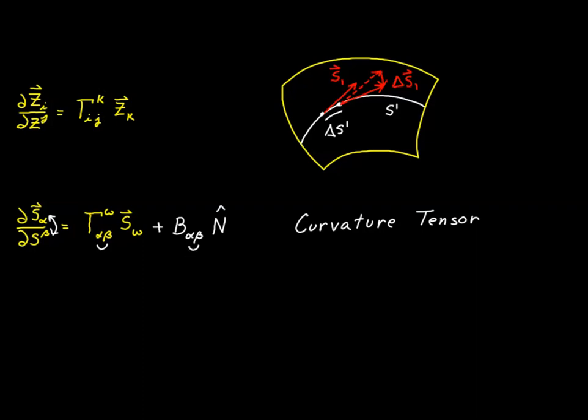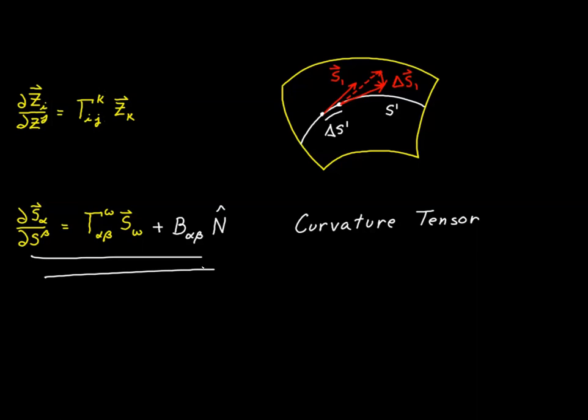Okay, and finally, consider this, that we know from the original discussion that this part of the expression works by itself for a plane. So what we're going to do now is to consider this as the general expression for a surface manifold.